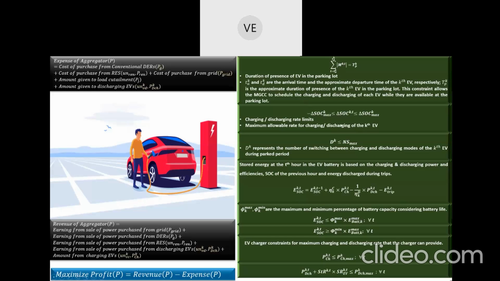Now, according to the life of the battery, we have charging and discharging rate limits. You cannot charge or discharge the battery at any rate. So there is a delta state of charge, min and max, for any kth electric vehicle at time period t. So we see these decision variables, the active power values P1, P2, etc., are not free.